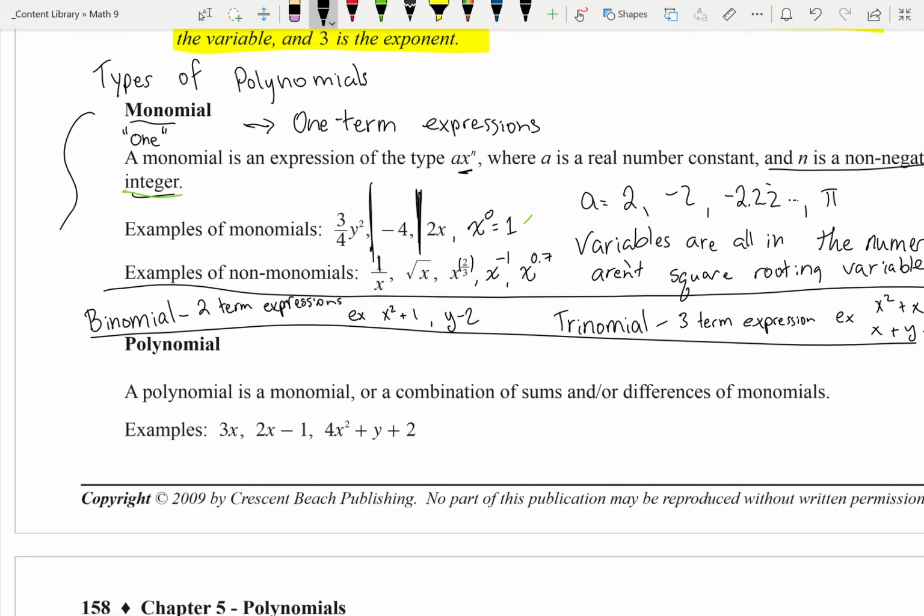Now, all of these are polynomials. We separate monomials, binomials, and trinomials because they can be a little bit special and that we see them very often. But they're still polynomials. So a polynomial is a monomial or a combination of or differences of monomials. So this is, put a little bit simpler, an expression with one or more terms.